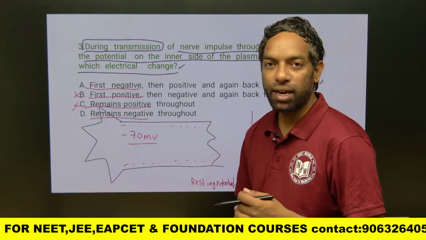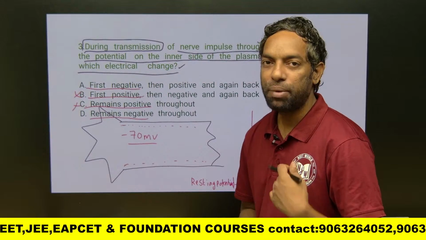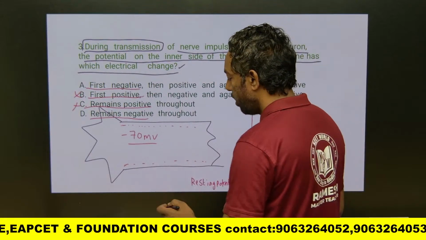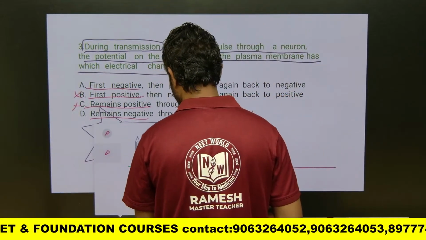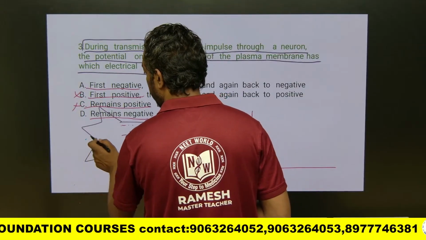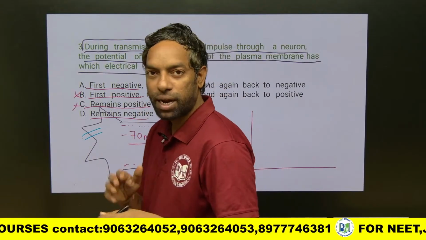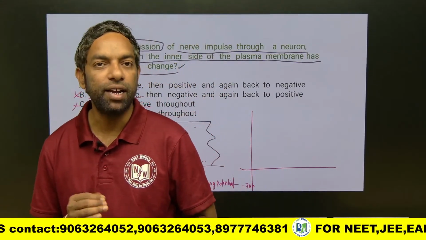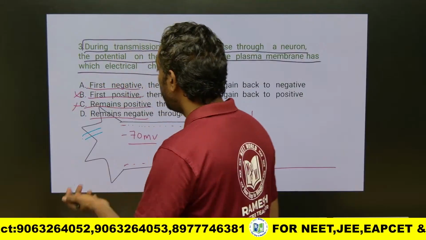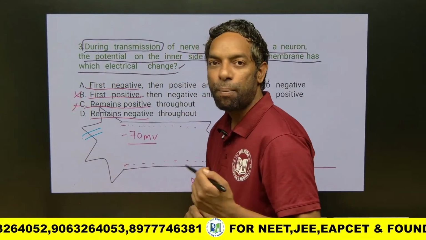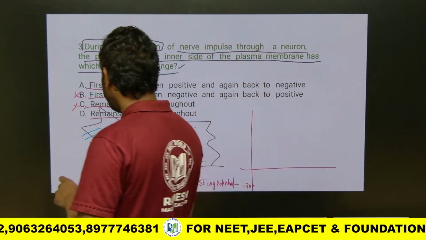If any mechanical gated channel opens, what happens? If mechanical pressure is created on a neuron, first the dendrite part opens the mechanical gated channel.